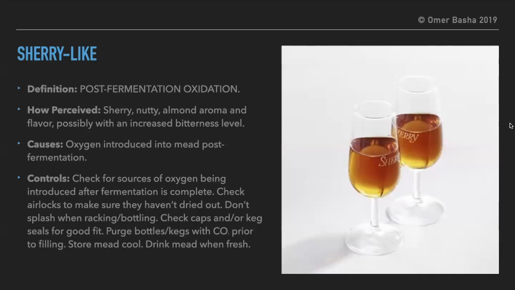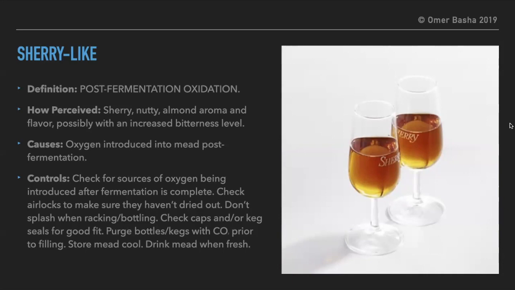Next, we're going to talk about sherry-like. We talked about oxidation when it's cardboard-like, but here we're talking about sherry-like, which also comes from post-fermentation oxidation. But this time it's perceived as sherry, nutty, almond aromas and flavors, and it can possibly have increased bitterness levels.